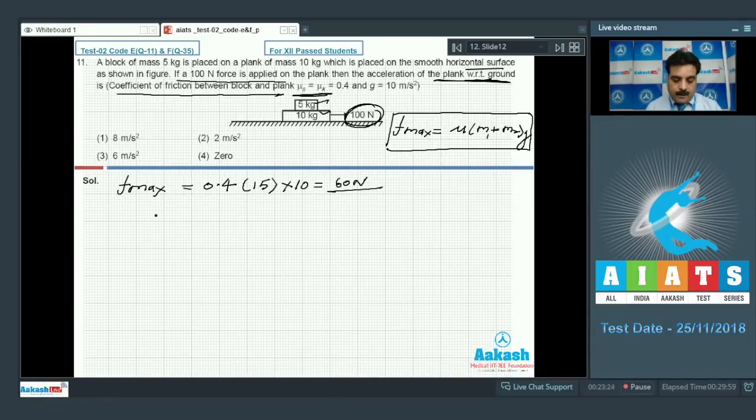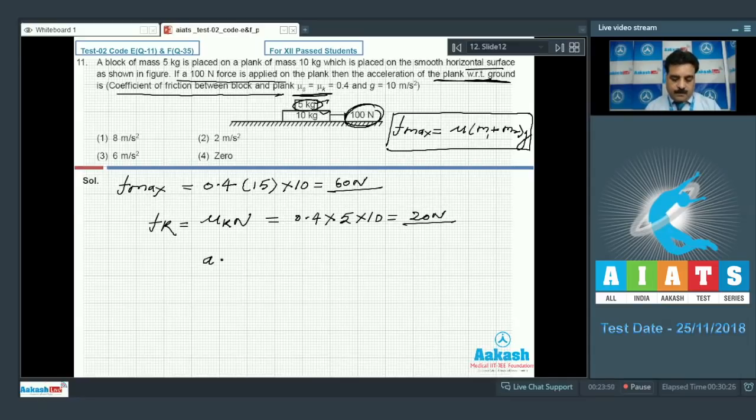So I use kinetic friction, mu k into N. Mu k is 0.4 and the mass of the upper block is only 5 kg because the friction is between the 5 kg and 10 kg. So 5 into g, which is 10.